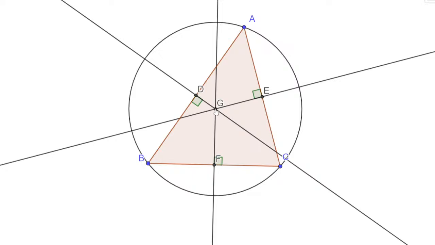G is the center, right? And G is called the circumcenter. The circle is the circumcircle. And these are the three perpendicular bisectors of the three sides.